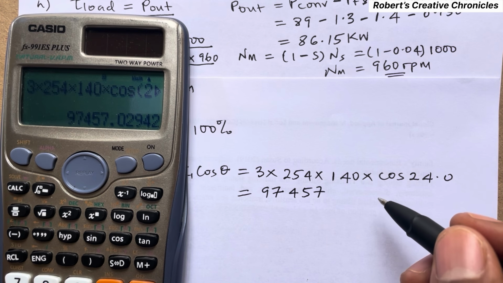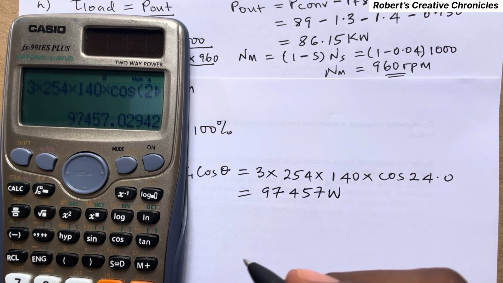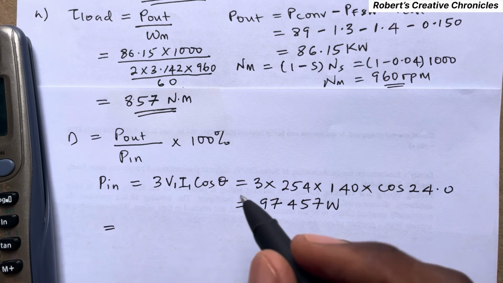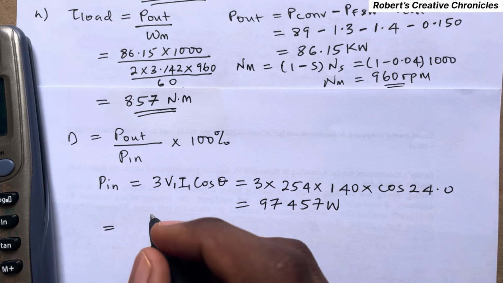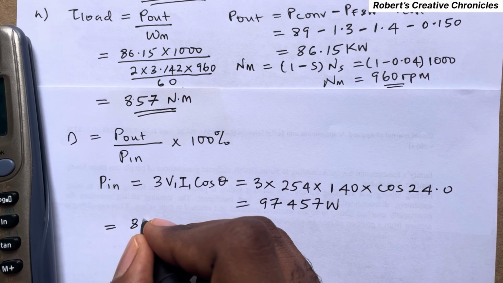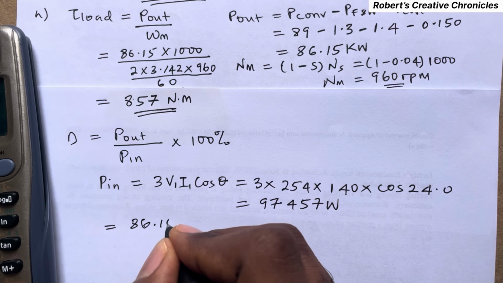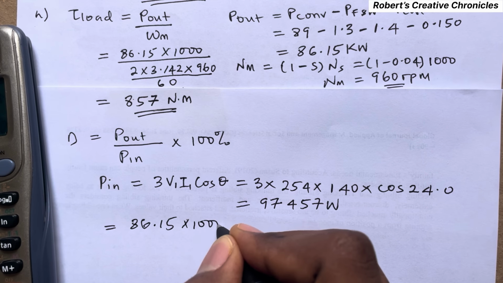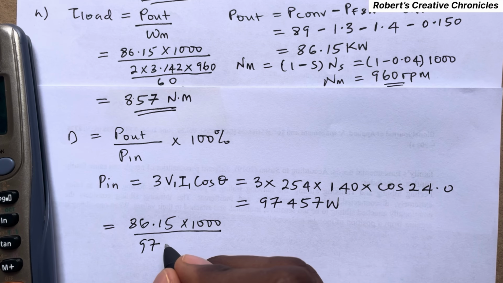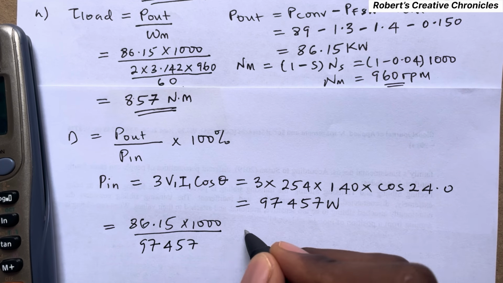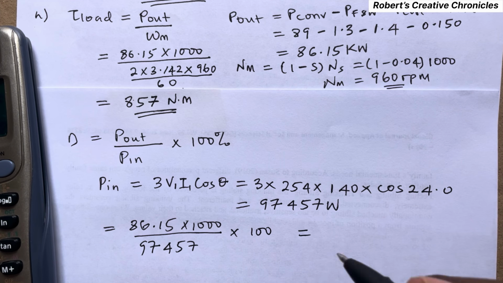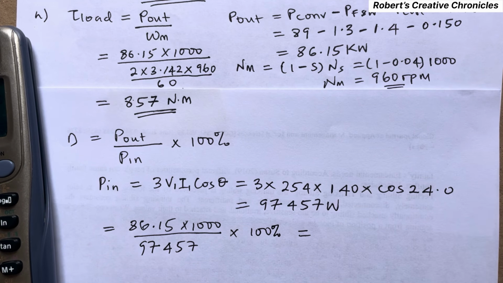And the output power is 86.15 times 1000 over 97457, times 100%.